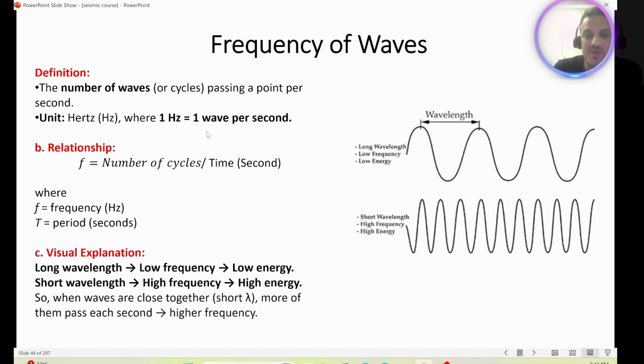So 1 hertz is 1 cycle per second, and frequency is measured in hertz. If 1 cycle passes in 1 second, then 1 divided by 1 gives 1 hertz. If 2 cycles pass per 1 second, then 2 divided by 1 gives 2 hertz. So 2 hertz means 2 cycles pass per 1 second. This is the frequency.